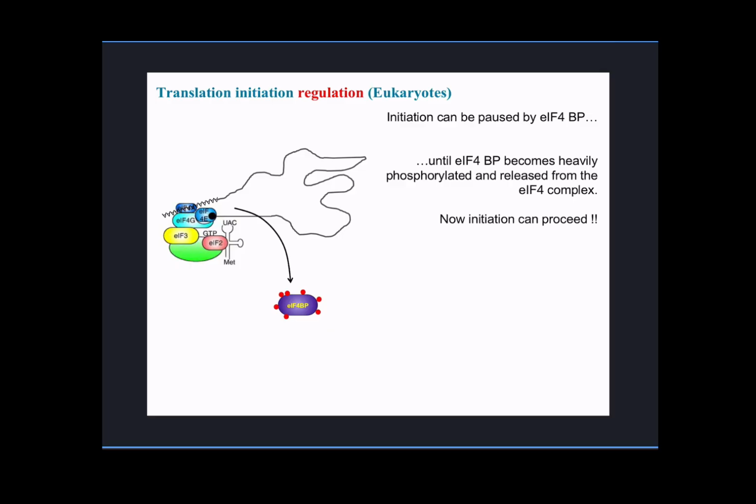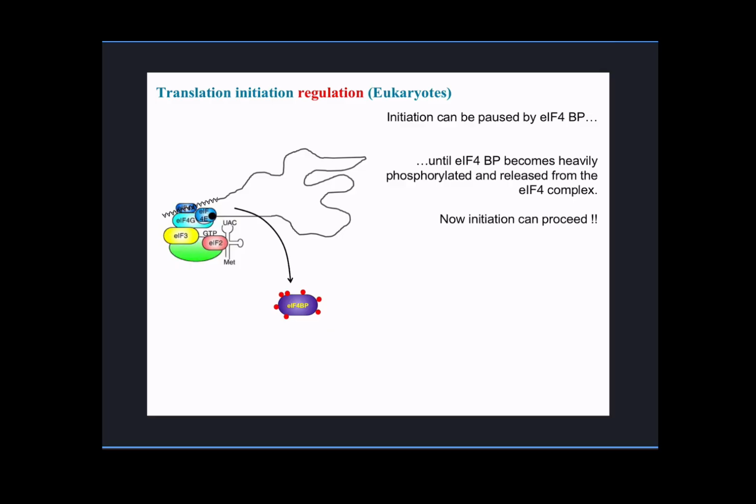And when that happens, EIF4BP can no longer bind the mRNA, falls off from it, and now the small ribosomal subunit is ready to start translating that mRNA. So we call this translational regulation because it is a regulatory step at which the cell decides if an mRNA that is ready to be translated is or is not.